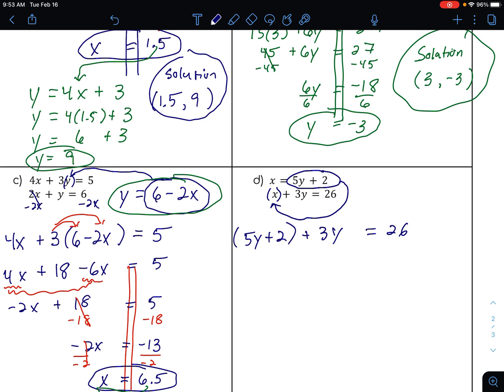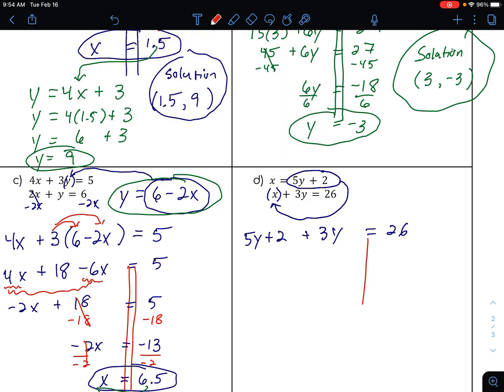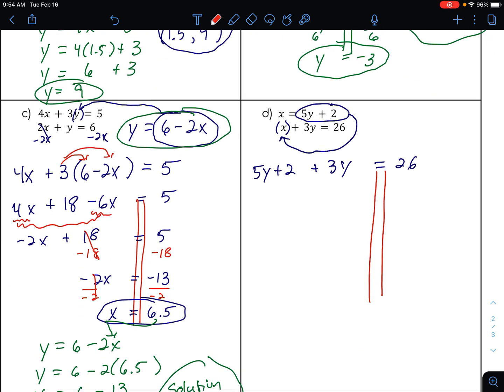Now, if you want to put parentheses around it, just like we've done before, you can. But since we don't have a number out in front, no coefficient to that x, the parentheses don't really apply here. They're not needed, which makes this maybe one step faster since we don't have a distributive property, but we do have some combining of like terms here.